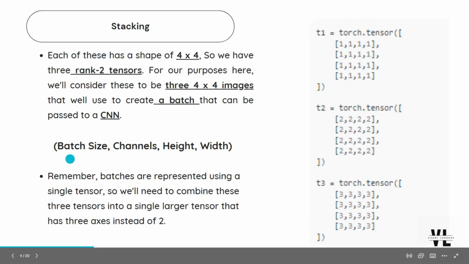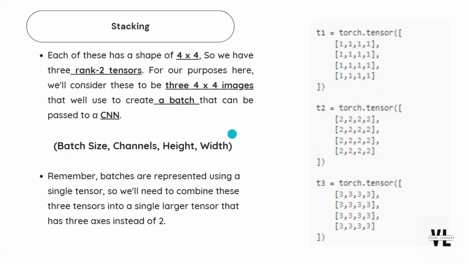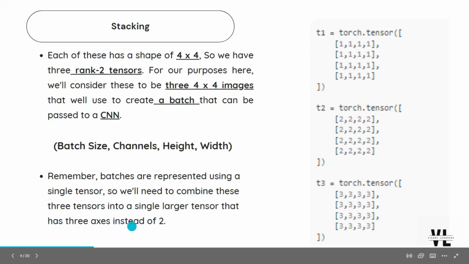So we can define the shape for our input by using the aforementioned input shape. Remember, batches are represented using a single tensor. So we will need to combine these 3 tensors into a single larger tensor that has 3 axes instead of 2.